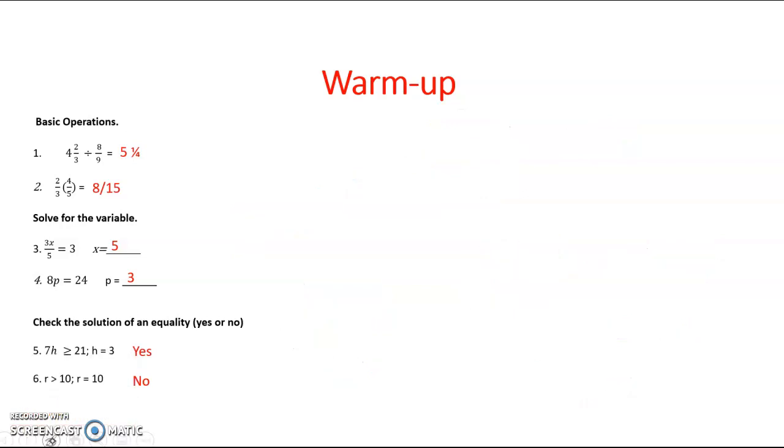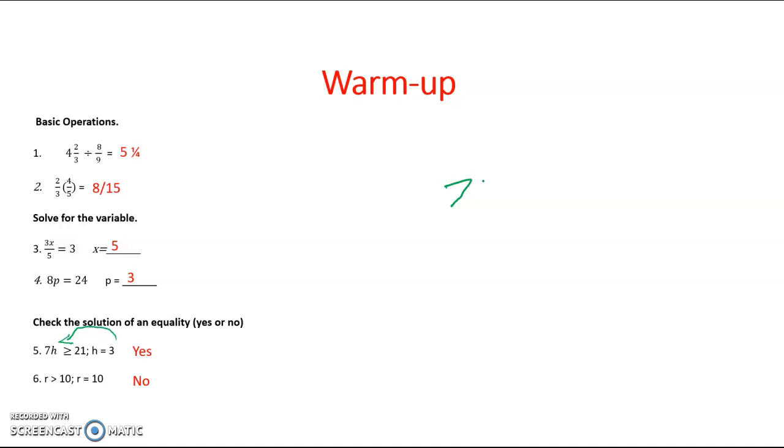All right. Number 5. I'm just checking the solution, so yes or no. I'm given the variable h equals 3, and I have h in the inequality. So I need to replace that h with a 3.